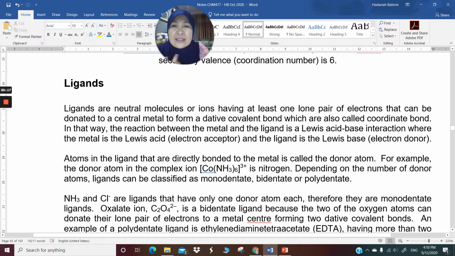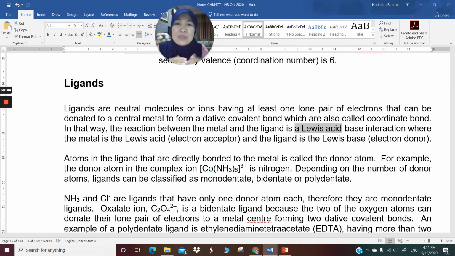So the ligand donates its electrons to the metal. Electron donors are called Lewis bases. Anything that donates electrons is called a base. Anything that accepts electrons is called a Lewis acid. So ammonia is a Lewis base and the metal is a Lewis acid.